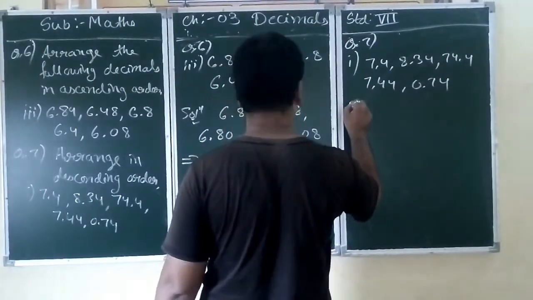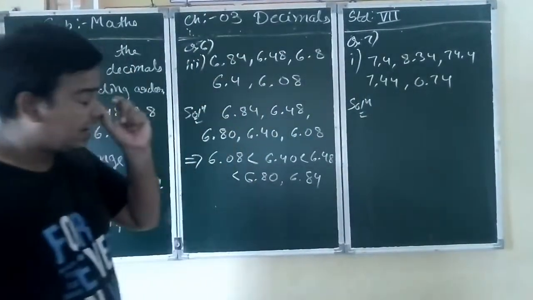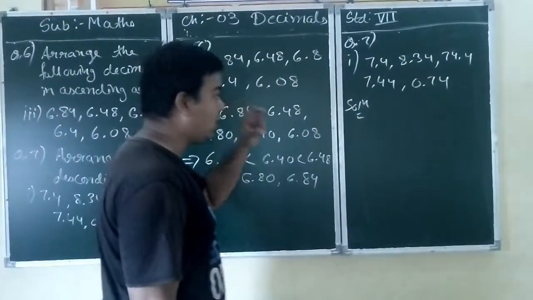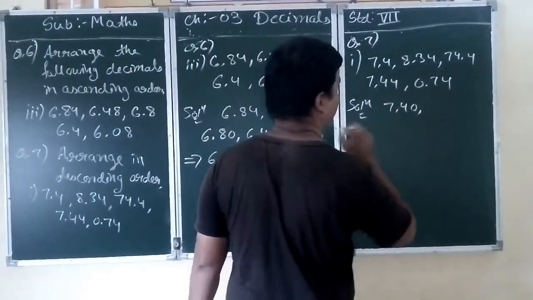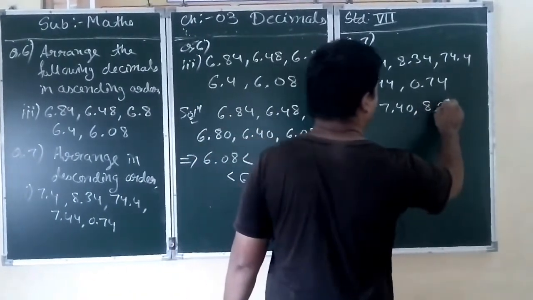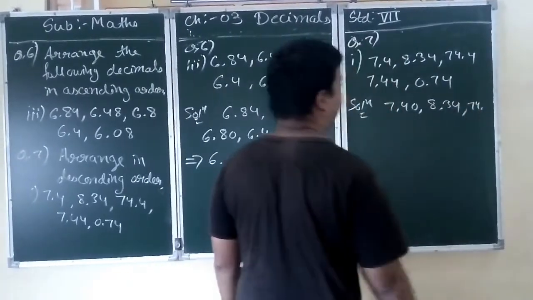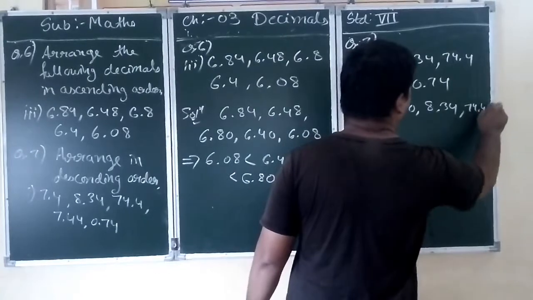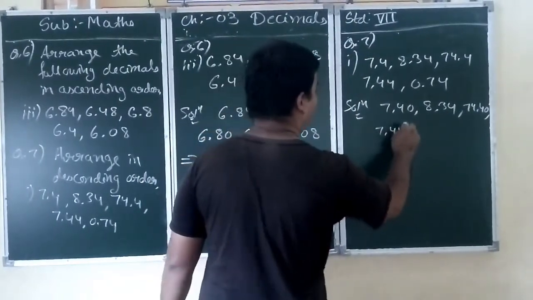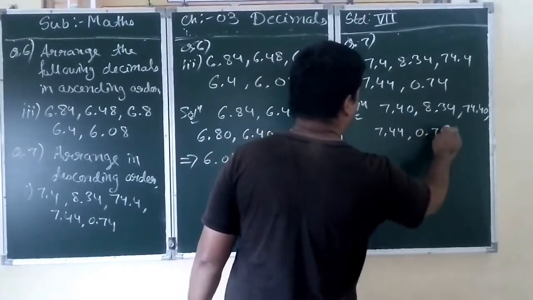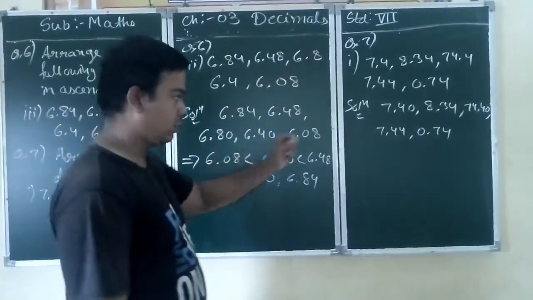Again, write the decimals as like decimals: 7.40, 8.34, 74.40, 7.44, 0.74. All these numbers are now like decimals.